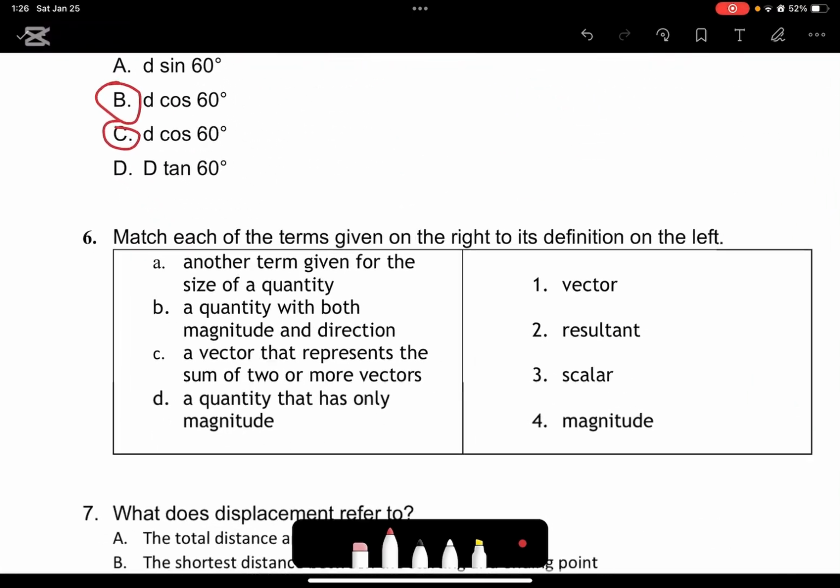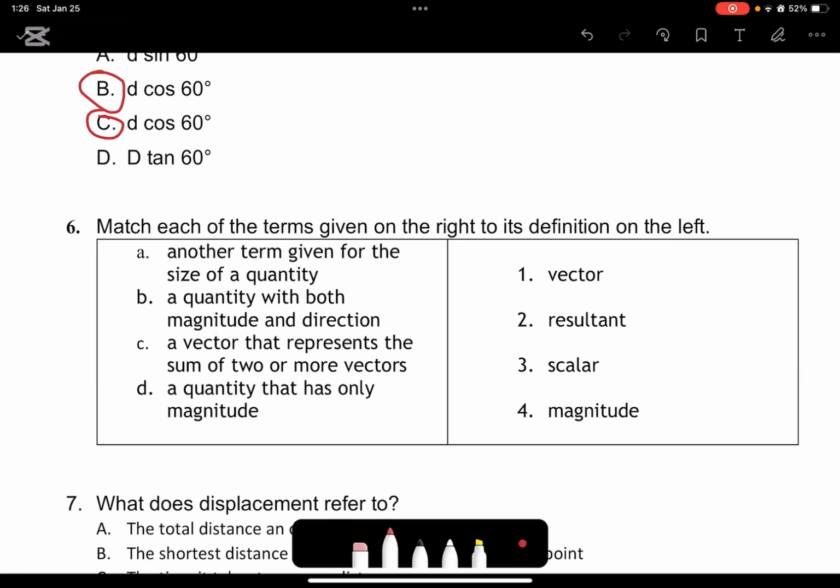Let's go down. This one's easy, and it's been stuck in my head since the first of semester. So the first one, another term given for the size of quantity, is magnitude.